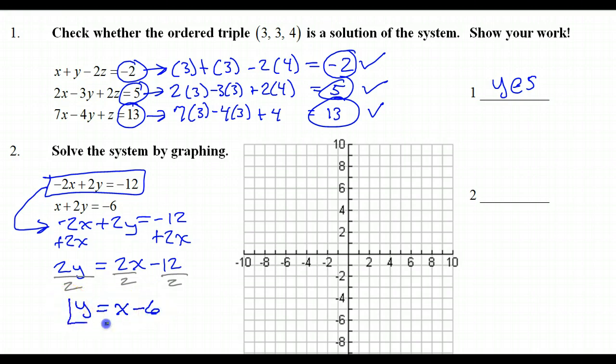Alright, so this is the new form of this equation. We can go ahead and graph that. Minus 6 would be here at negative 6. Alright, this x is like 1 over 1, so that's just up 1 over 1 from here, like this.